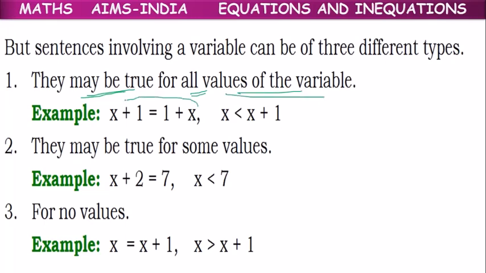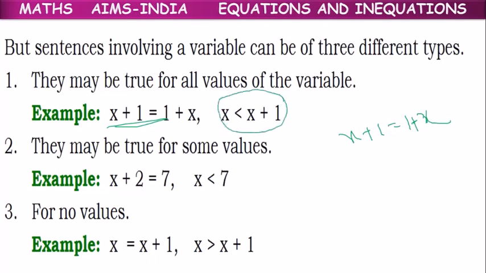Suppose you have a sentence like this, x plus 1 equal to, sorry, x plus 1 equal to 1 plus x. This will be true for all values of x as long as x is less than x plus 1.